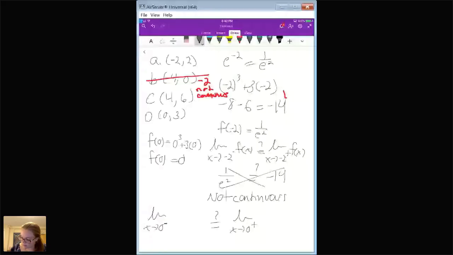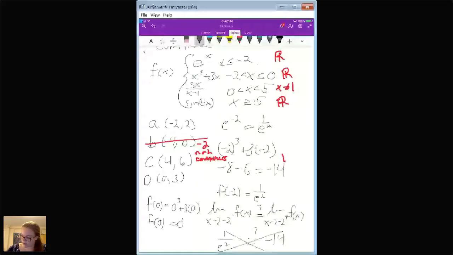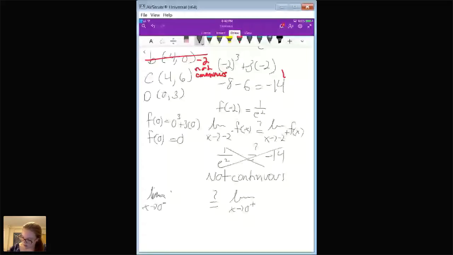Now, the limit as x approaches 0 from the left means we're looking at the function where 0 is the highest thing it can be. Everything that's in that function is to the left of 0. So we are using the piece of the piecewise function that is x cubed plus 3x for this. But we also have to test from the right, where we're going to be using 3x over x minus 1.